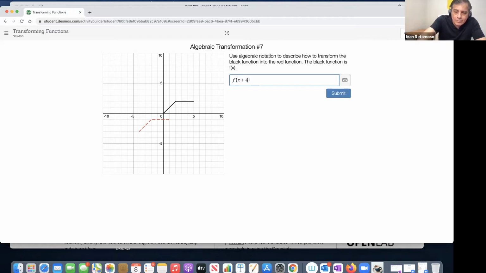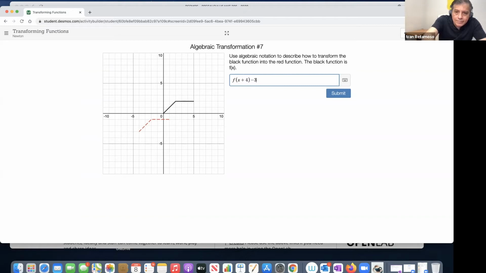Yeah, remember, changes associated to the input values are counterintuitive. So 4 to the left is achieved by using x +4 inside the function. Now, the vertical shift, however, is intuitive. So 3 down should be -3.